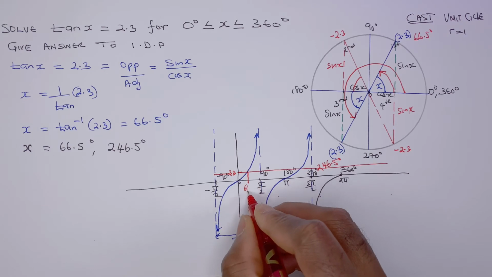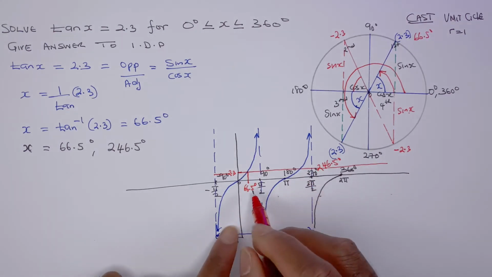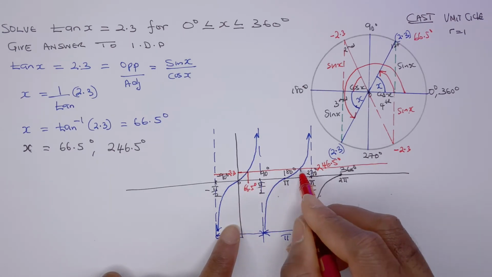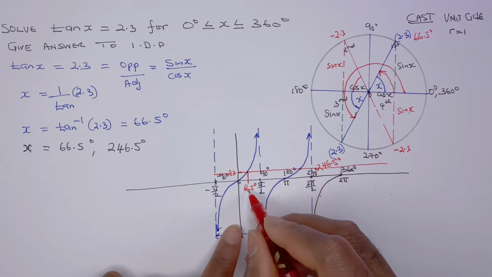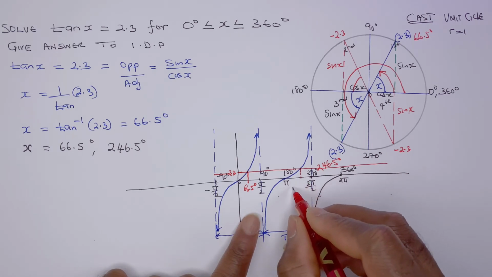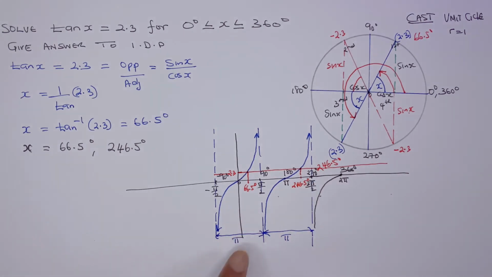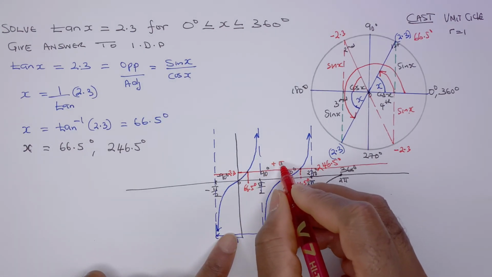That's 66.5 degrees, and then the next one happens a pi later. The distance from there to there is 1 pi. So that'll be 66.5 plus a pi, so that'll be 246.5 degrees.